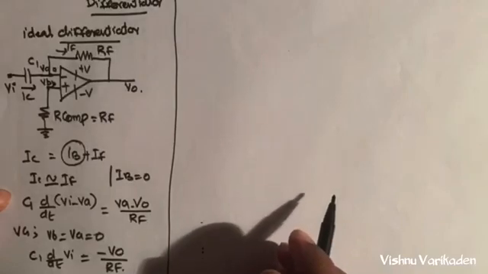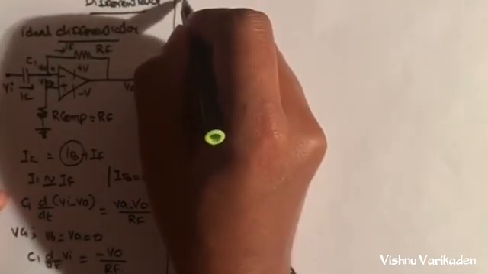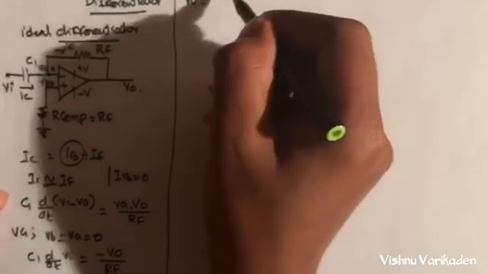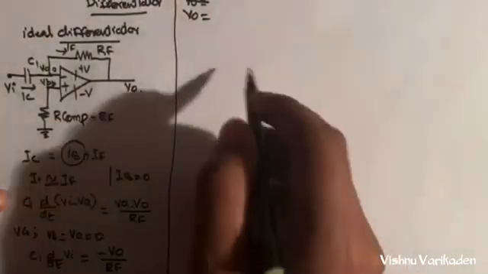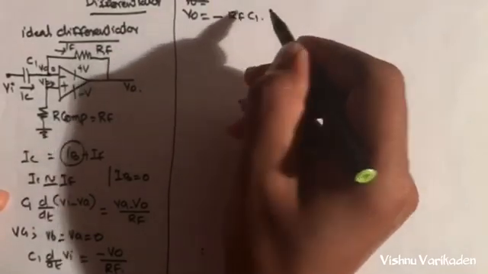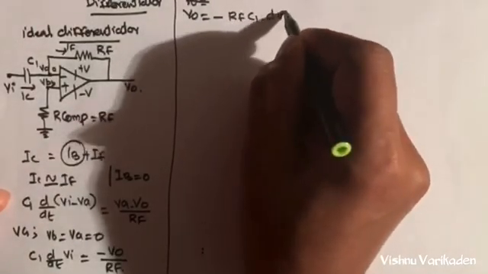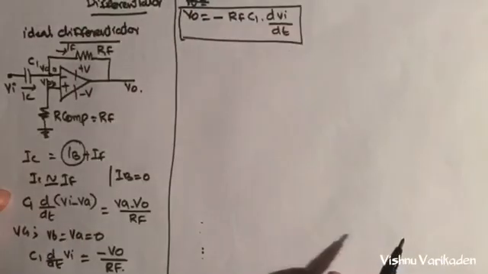So now we can write the output equation of the differentiator, that is V out is equal to minus RF C1 into dVi by dt. It's an important equation for the differentiator.